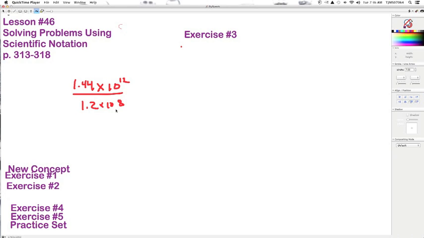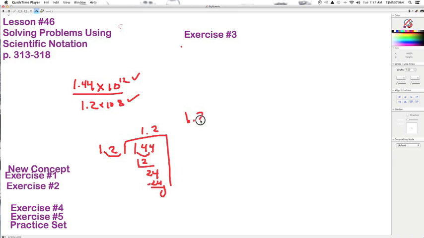Now first of all, if I'm going to divide 1.44 by 1.2, I have this. But I know I have to move the decimal over here and here. So now we have 12 goes into 14 once. 2 left over, bring down the 4. 12 goes into 24 twice. So we have 1.2. Now, when we look at the exponents 12 and 8, 12 subtract 8, we have 1.2, or 1 and 2/10, times 10 to the 4th power.